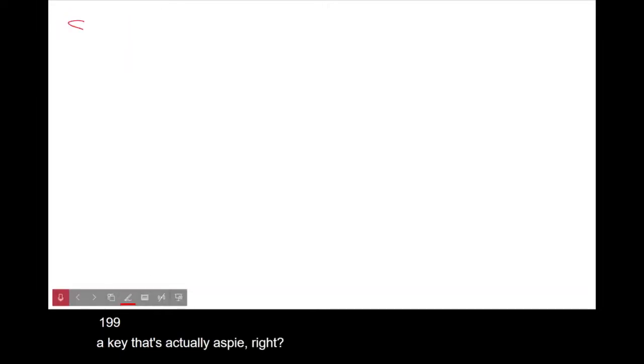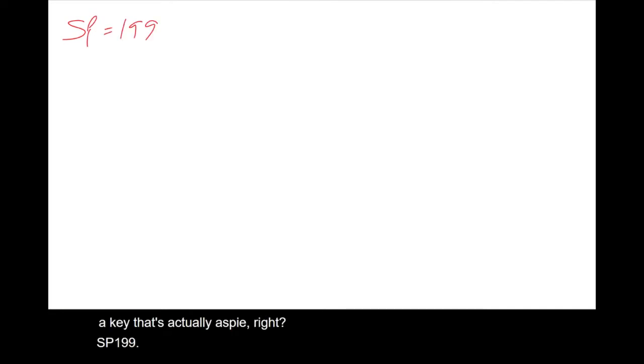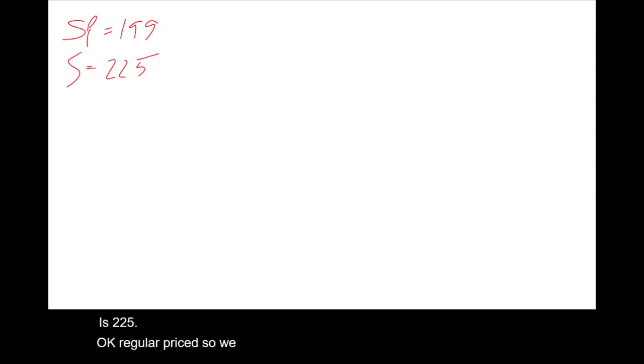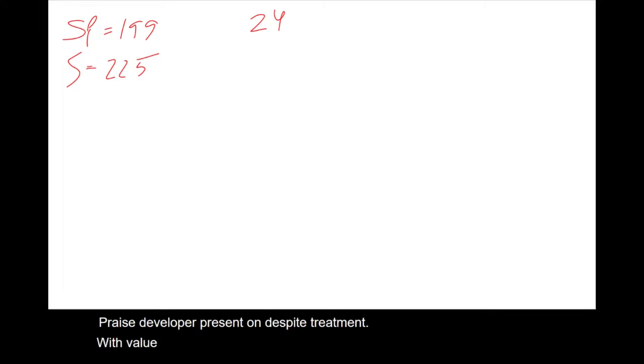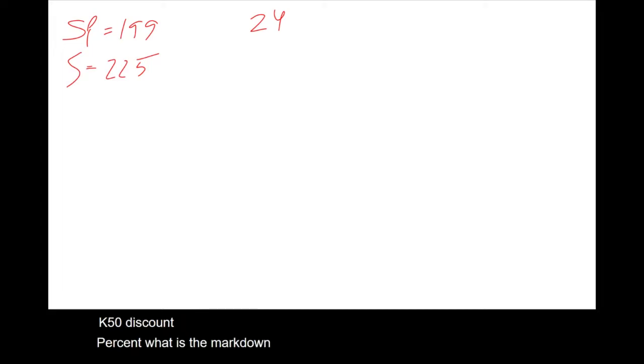SP 199. Regular S is 225. Okay, regular priced. So we have 12 per person, that's 24, right? Price 12 per person on spa treatment of value $20. Okay, 50 percent discount. What is the markdown at which the package was sold?